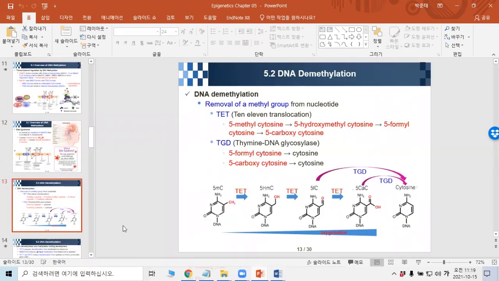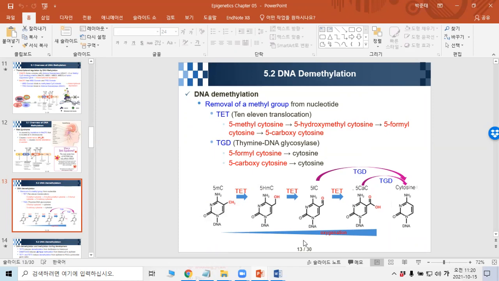And this is the second subject, DNA demethylation. DNA demethylation means removal of the methyl group from the nucleotide, especially the cytosine. So in the actual exam, I will give you the structure of 5-methylcytosine.